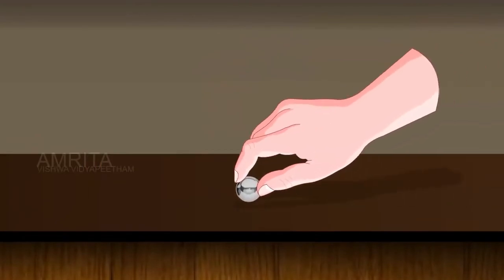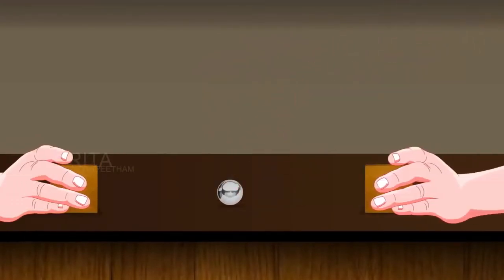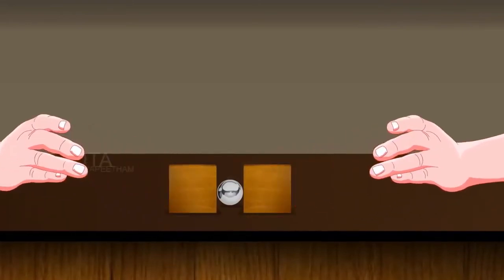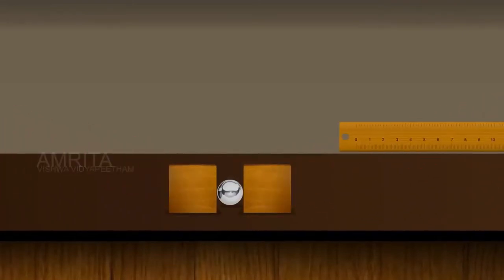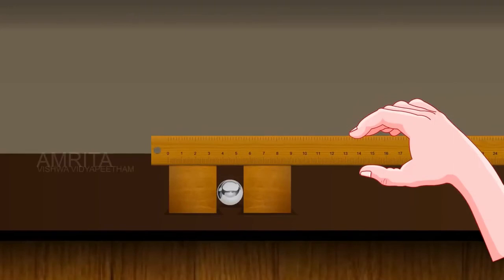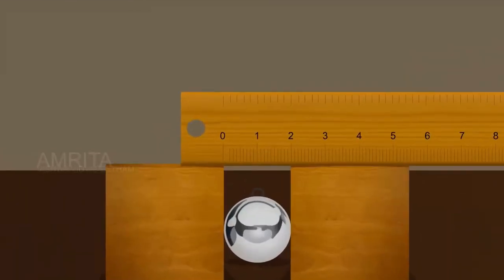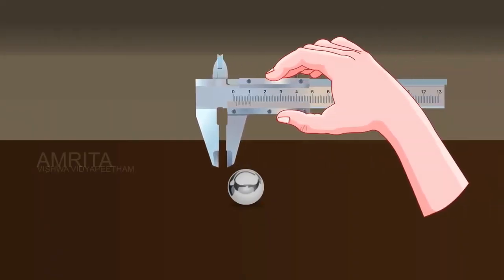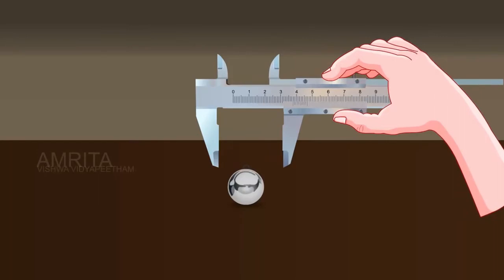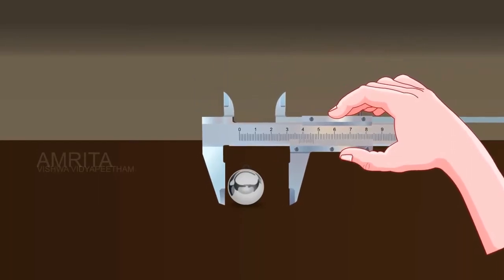There are two methods to find the diameter. Place the bob between two wooden blocks. Use the scale and measure its diameter. Alternatively, we can use vernier calipers to measure the diameter of the bob.